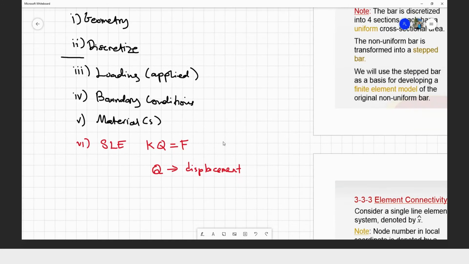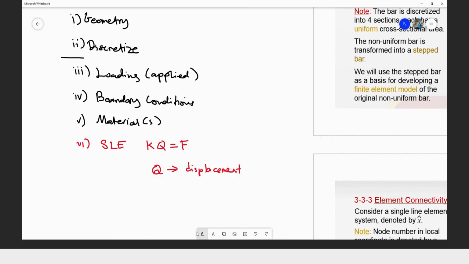Then from this calculated displacement, we can obtain normal strain, then we can obtain the normal stress. So kalau ini yang you all have to understand, the flow from the geometry we discretize until we are able to set up the system of linear equation, so that we can determine the displacement first.